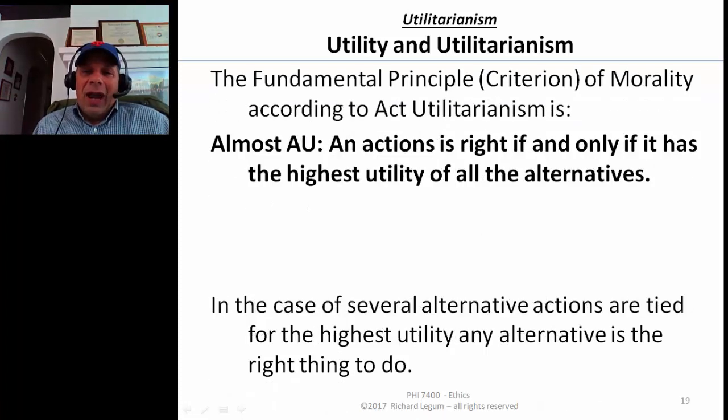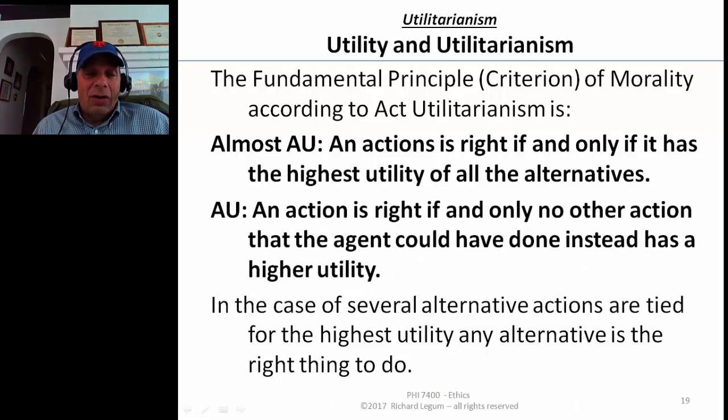So I think we can now characterize the fundamental principle of morality, the criterion of morality for act utilitarianism, as, and here comes AU, for act utilitarianism: an action is right if and only if no other action that the agent could have done instead has a higher utility. And I think this is Mill's theory.